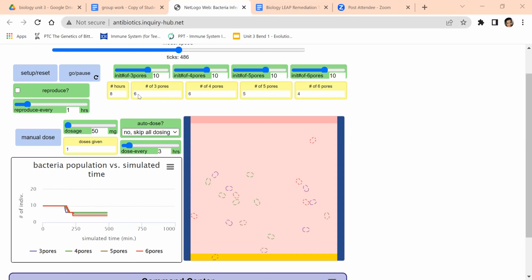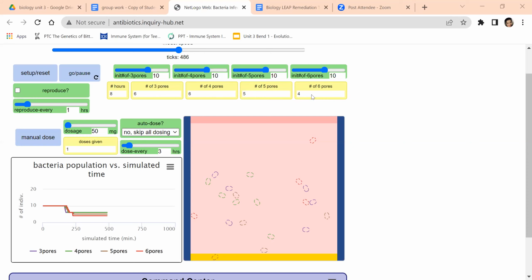And you could see that there were 6 of the 3-pore, which were the purple. There were 6 left. So we killed 4 of them. We started with 10. We went down to 6. And then there were 6 of the 4-pore, but there were only 5 of the 5-pore, which is the brown, and only 4 of the 6-pore, which was the red.